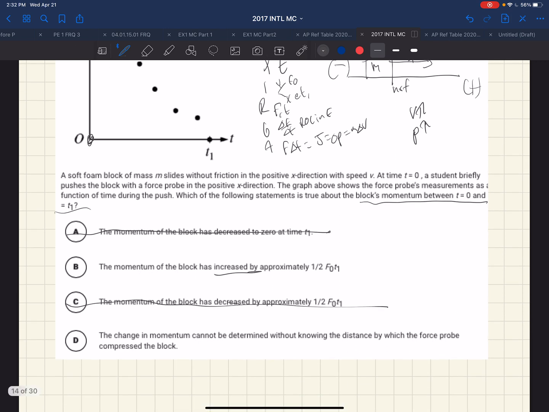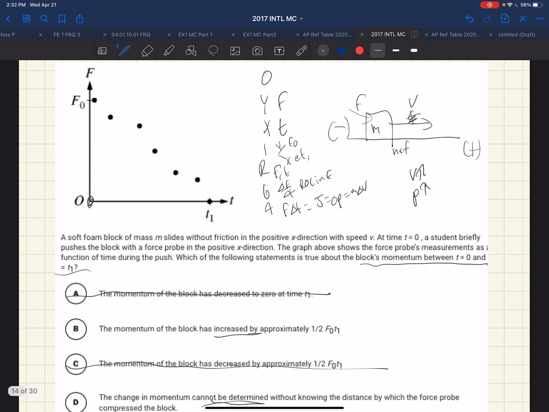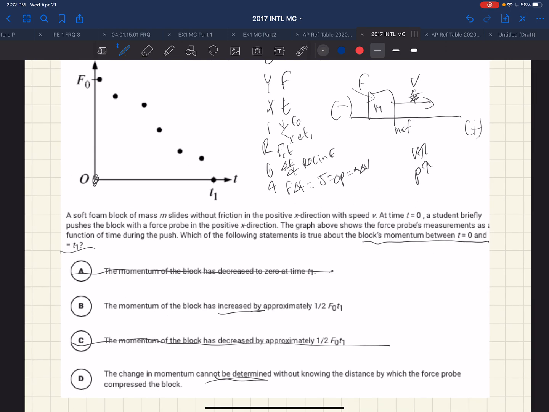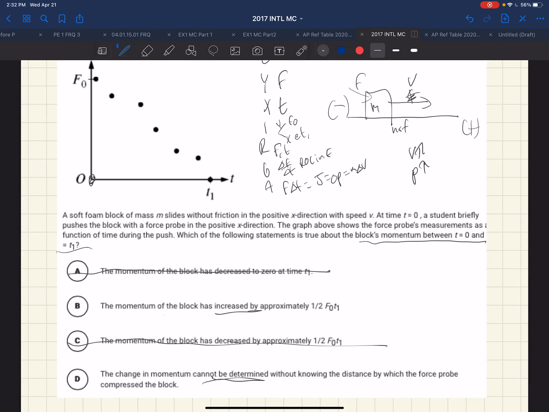Okay, so this one says the block's momentum has increased. The other says it cannot be determined. Well, let's see if we can. If we want to know the change in momentum, the delta p is the area, and that's the area of a triangle, which is 1/2 base times height.